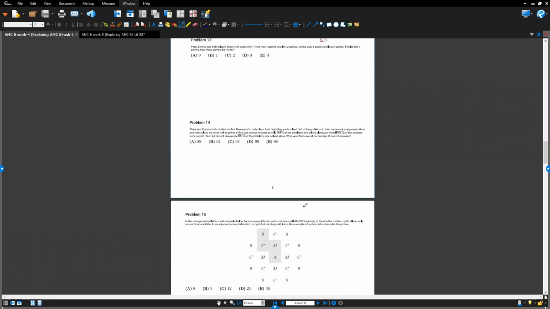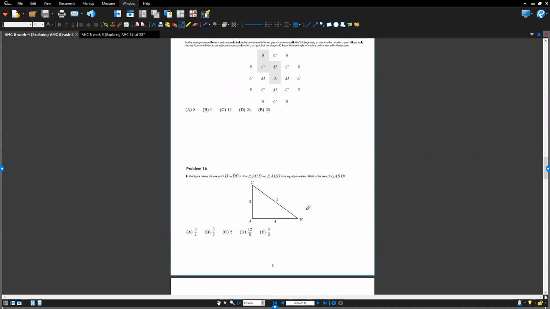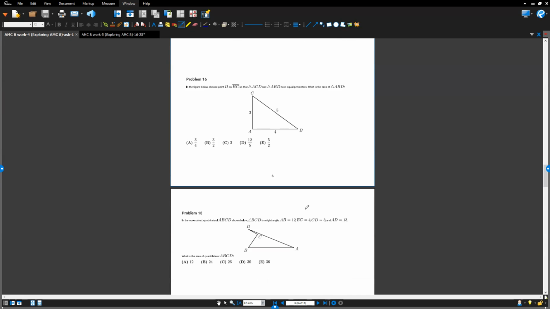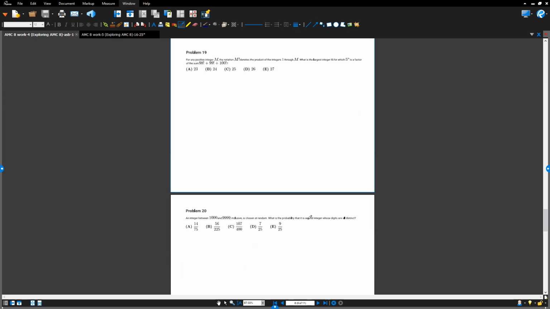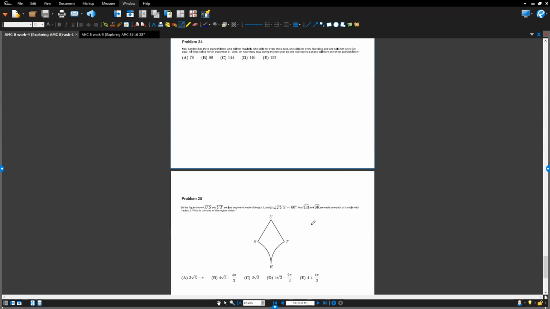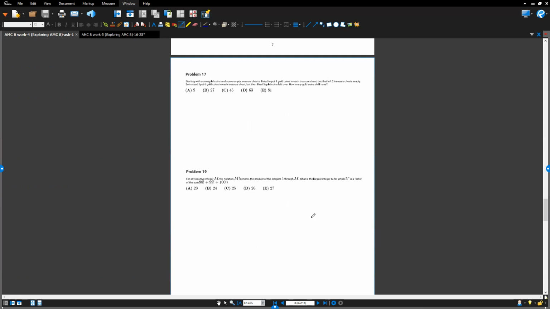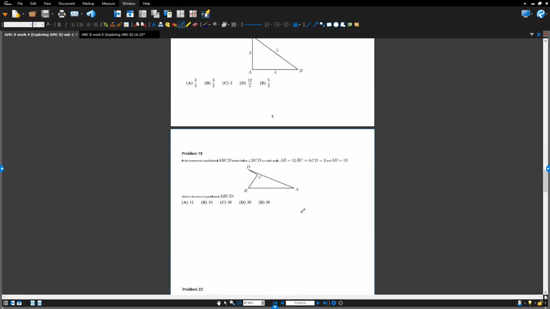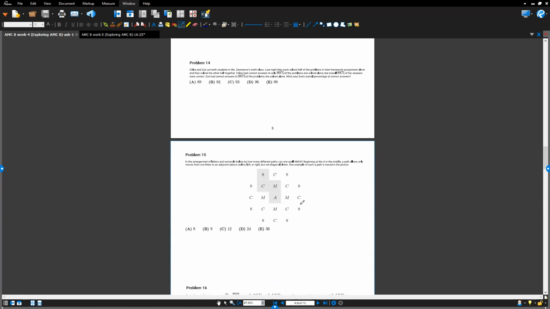Sometimes very rarely, only the top 0.1% of students, even 0.0001%, finish all 25 questions. Therefore, we always have to memorize the best solutions.